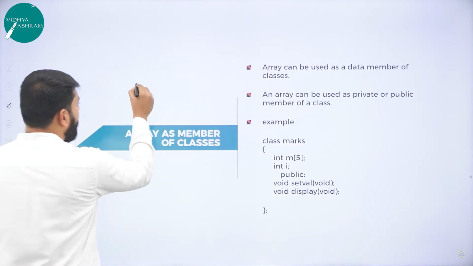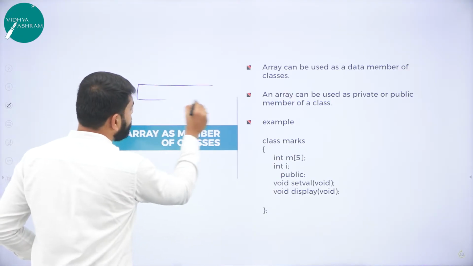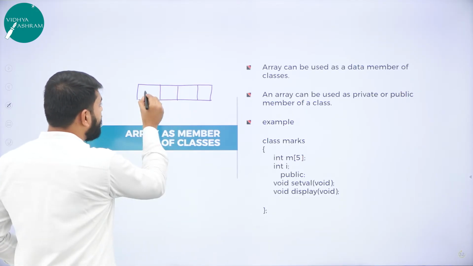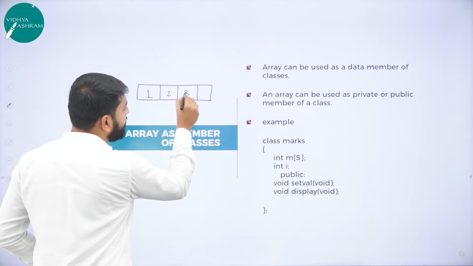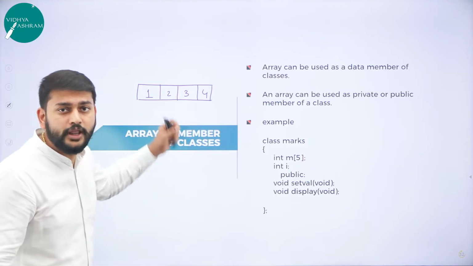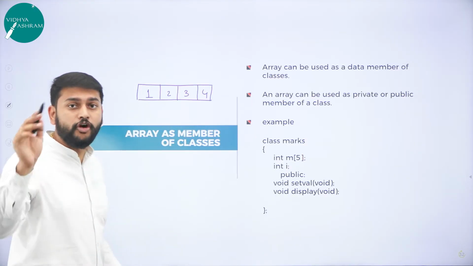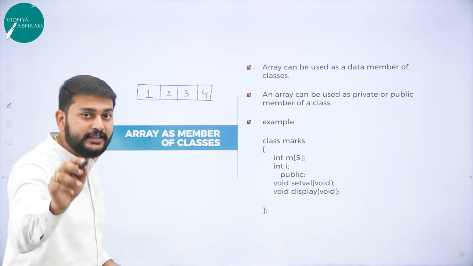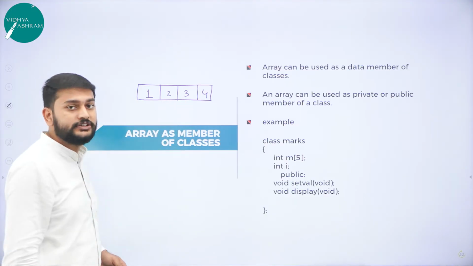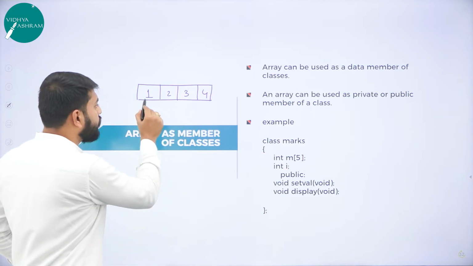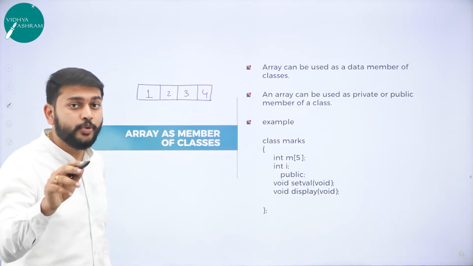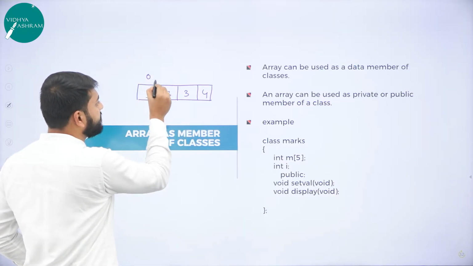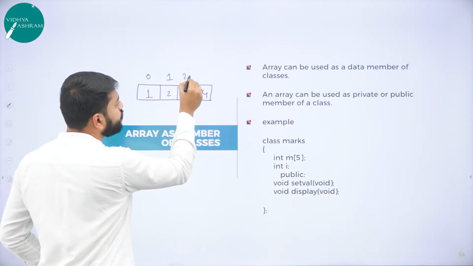Suppose I have something like this, I am just storing 1, 2, 3, 4. 1 is of what type? 1 is integer, 2 is integer, 3 is also integer, and 4 is also integer. So all the data is of the same type, integer type, and it has an index which starts from 0, 1, 2, 3.